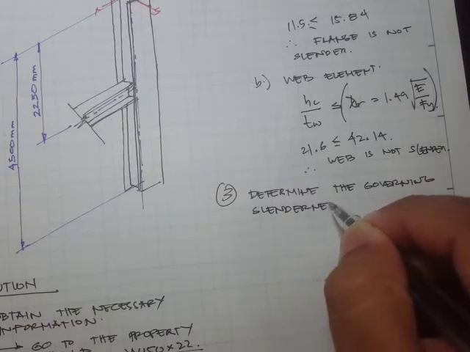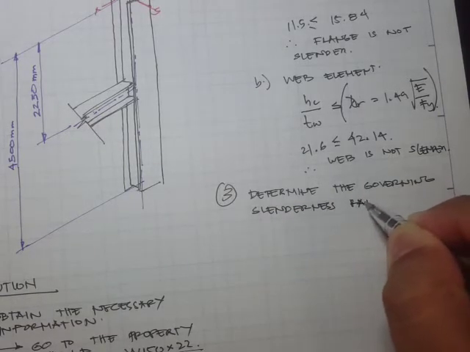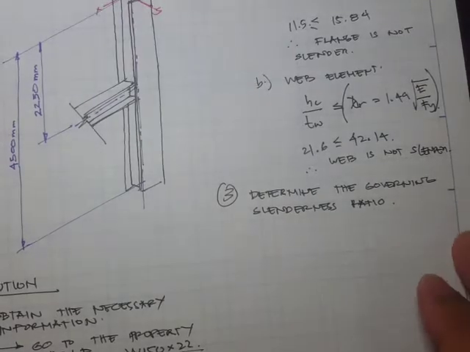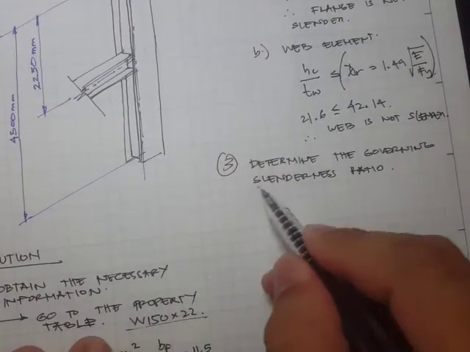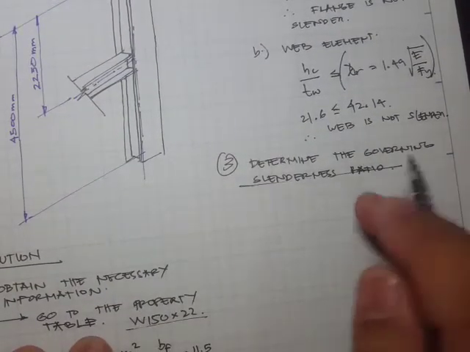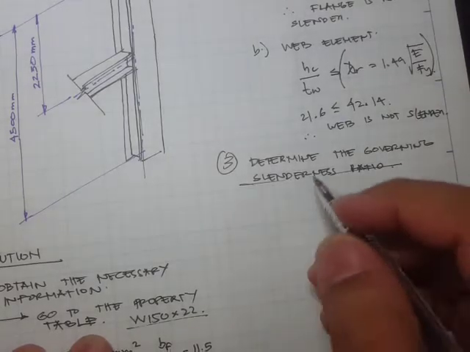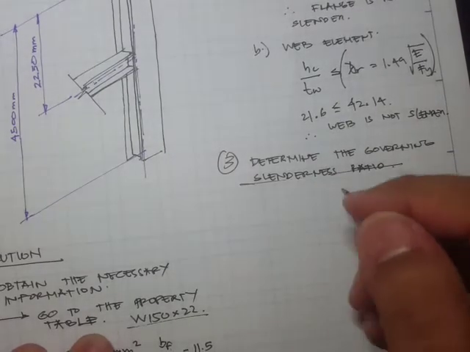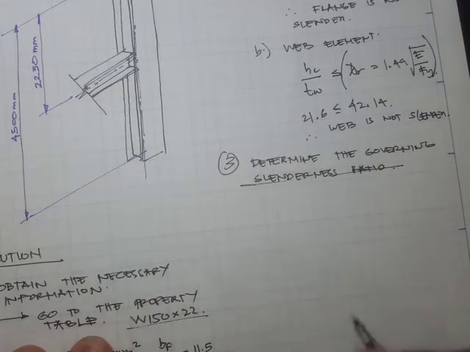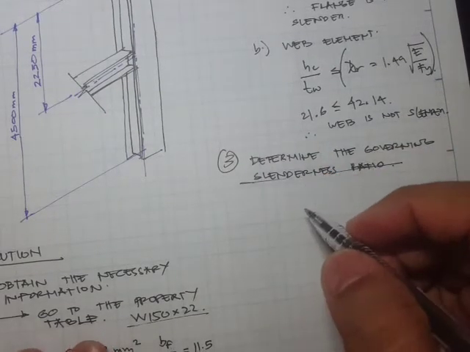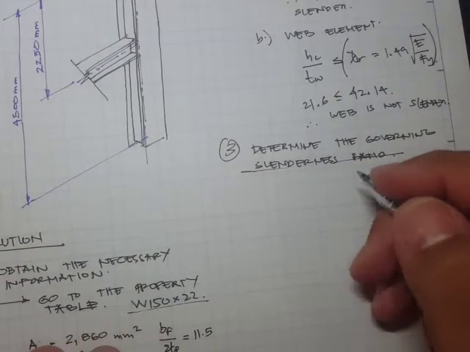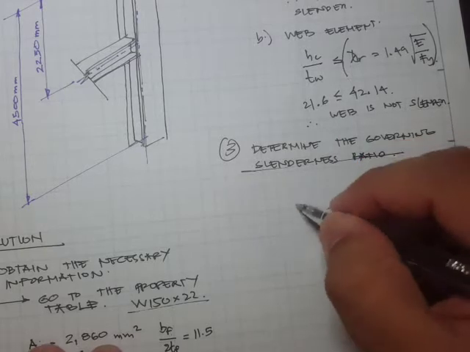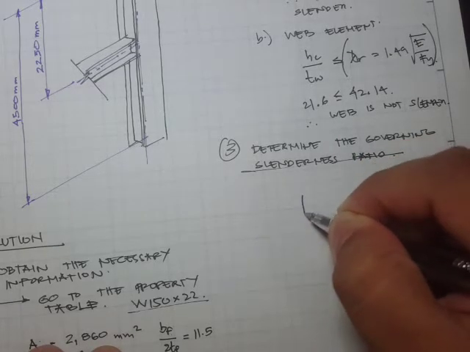To check, we are going to check both the x-axis and the y-axis. For now, it would be helpful if we draw the member.